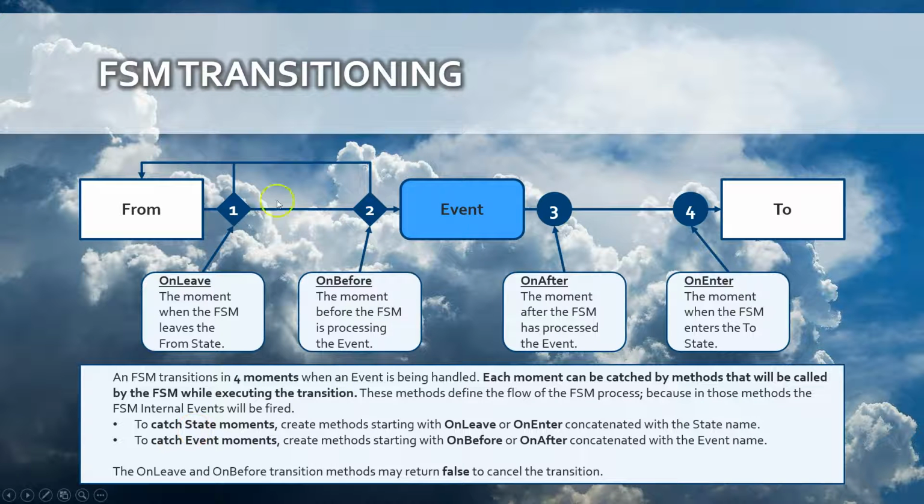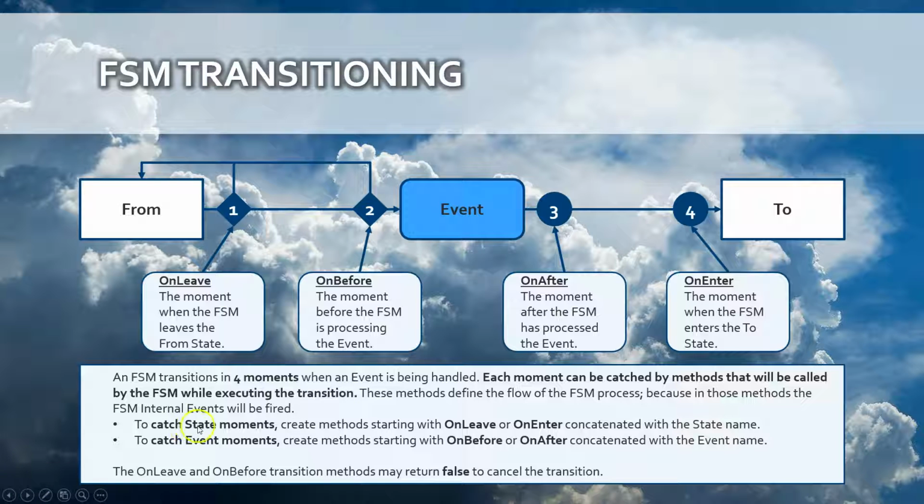Each moment can be caught by methods that will be called by the finite state machine while executing the transition. So the mission developer within his script can create methods with a certain naming convention that will be called by the finite state machine, and you can then embed within those methods your own code to be executed that will become part of the state transition process.